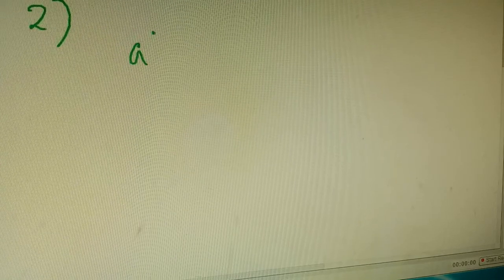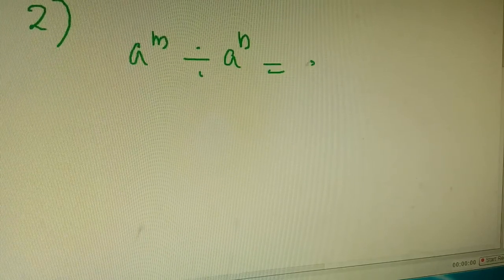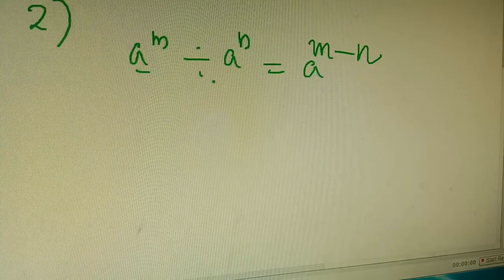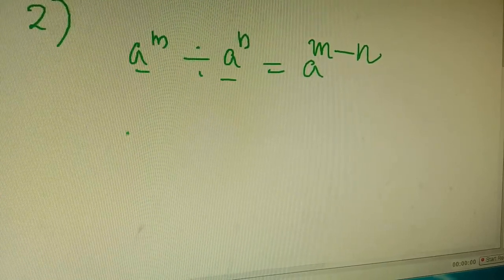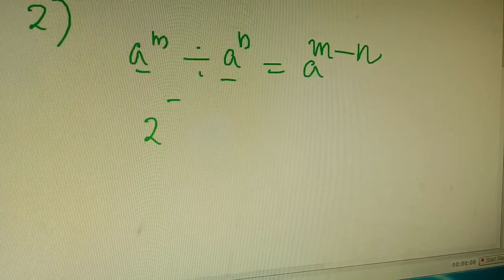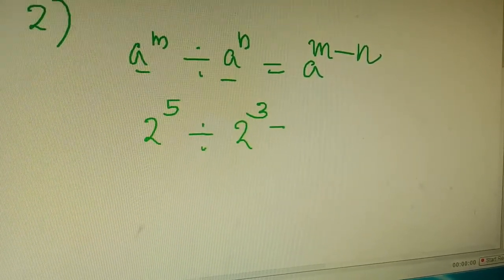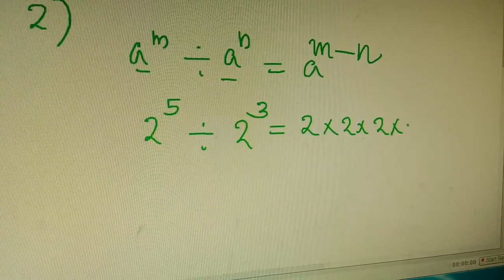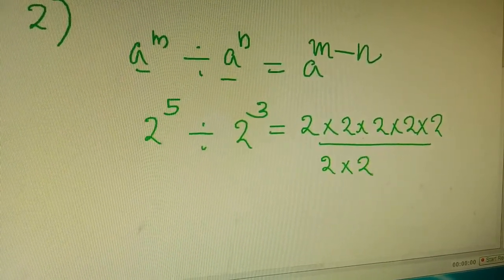Now we can think about the second law, that is a to the power of m divided by a to the power of n is equal to a to the power of m minus n. Here also the base is the same, that is a, and the powers are different, m and n. In the same way, we can see 2 to the power of 5 divided by 2 to the power of 3. 2 to the power of 5 means 2 multiplied 5 times, and 2 to the power of 3 means 2 multiplied 3 times.